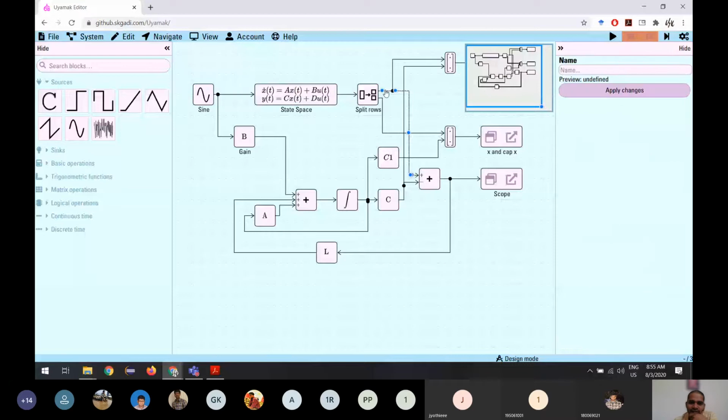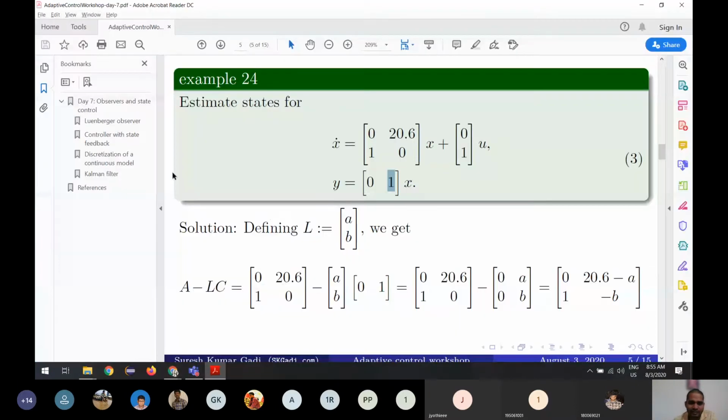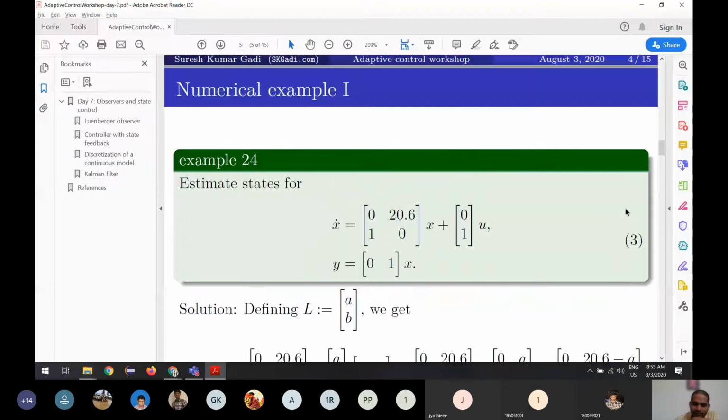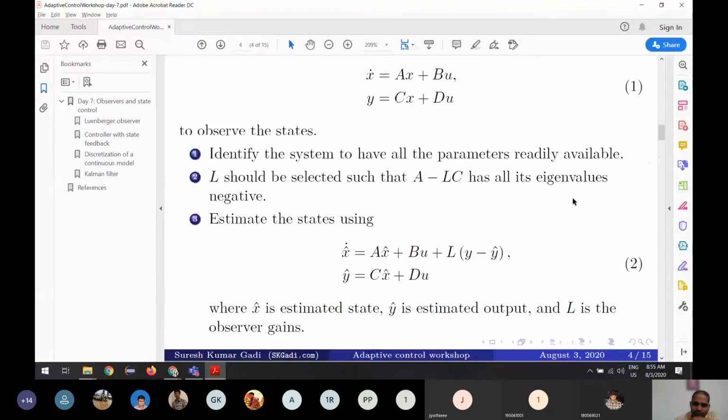This one is the actual output, and this one is the other state, where we want to see whether our result is correct or wrong. And how are we implementing the observer? We are implementing the observer using the third step, the final step, using this formula, right?